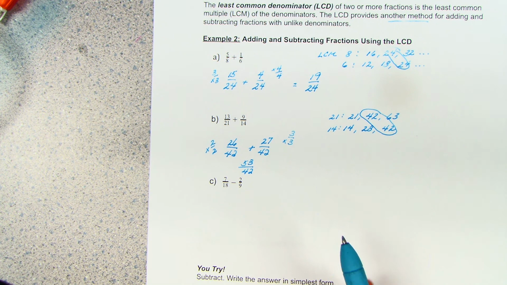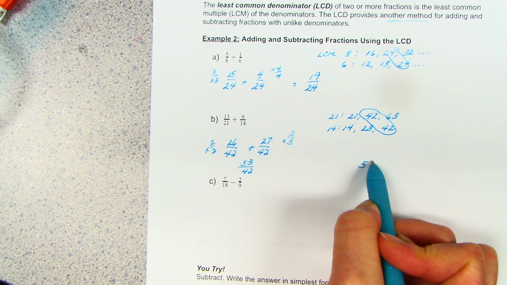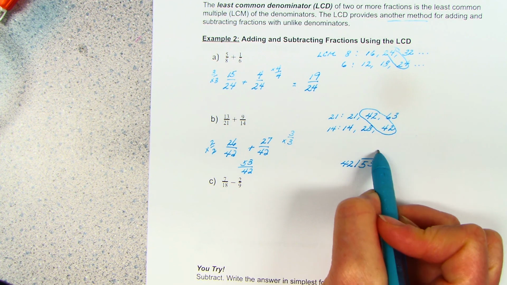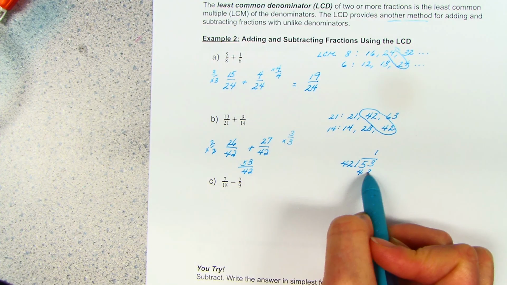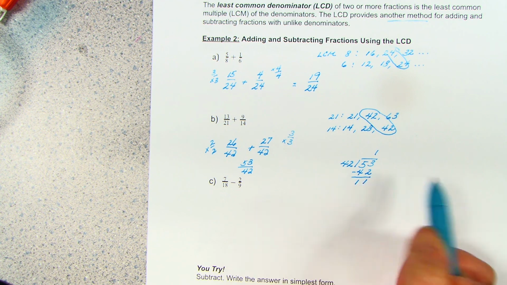I think 53 is prime. Let's simplify it into a mixed number and see if that's a little easier to work with. If I do 53 divided by 42, 42 goes into 53 one time. 1 times 42 is 42, and that's 11.